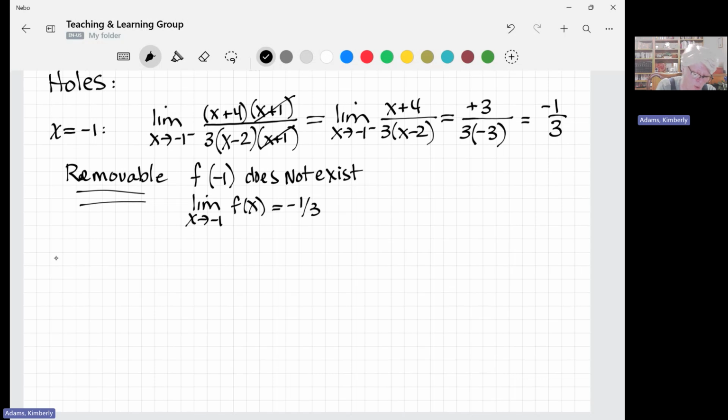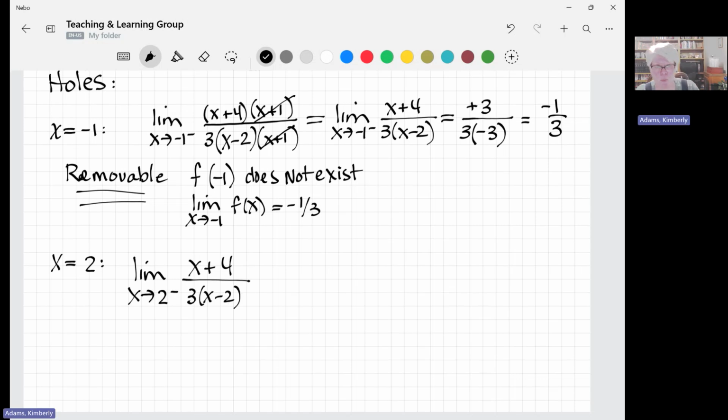Now, let's consider what goes on when x equals 2. The limit as x approaches 2 coming from the left of the reduced fraction. I don't need to worry about x plus 1, because it factors out. But I can no longer plug in 2. That won't work for me.